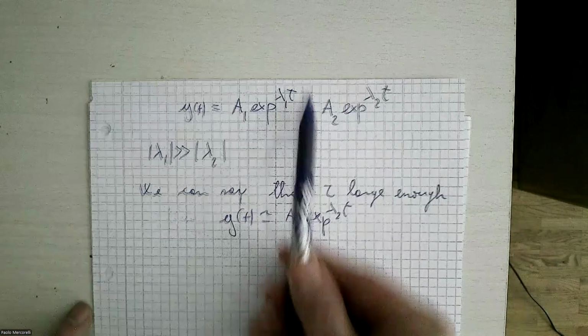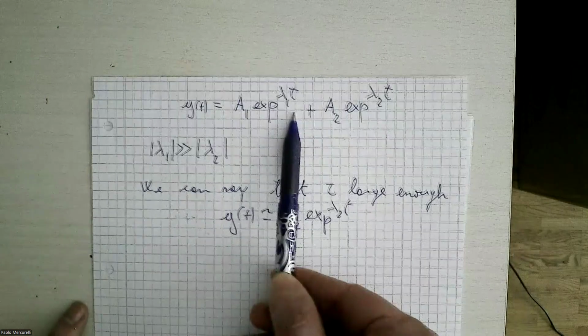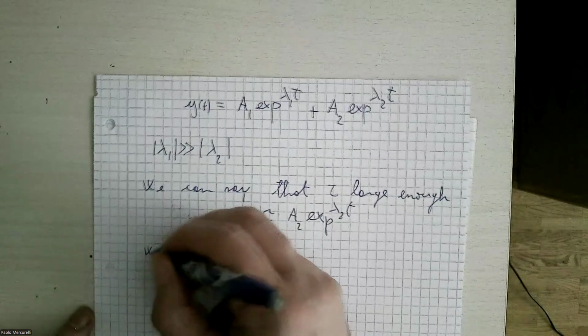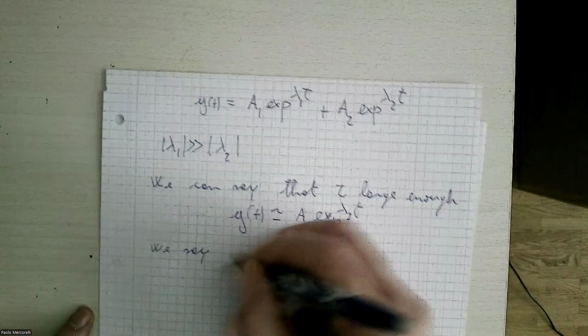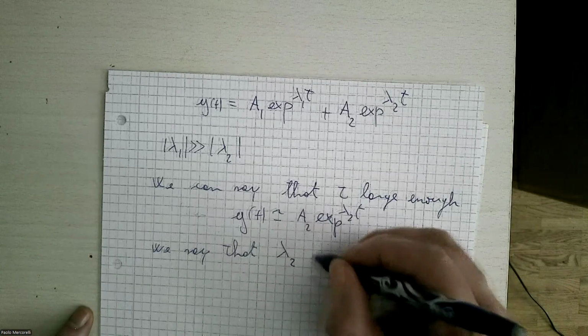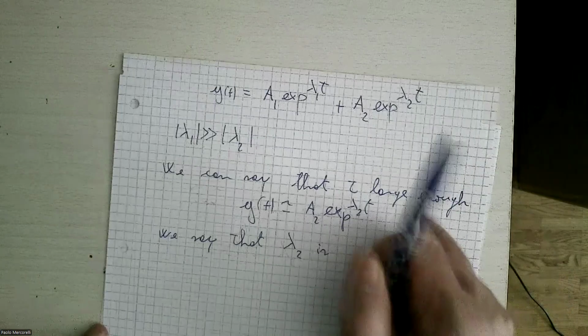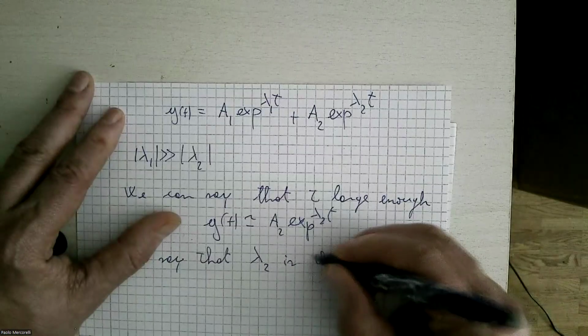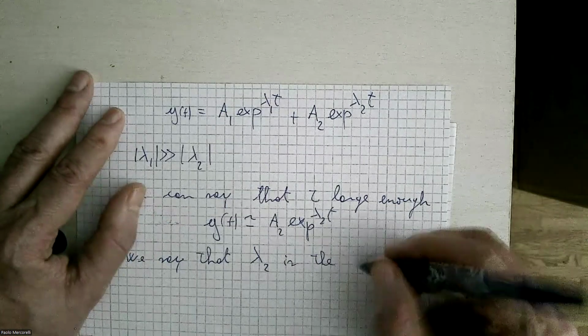I don't know if you remember this, because this part here will extinguish faster. We say that lambda 2 is the dominating eigenvalue, or the dominating exponent, in this sense.